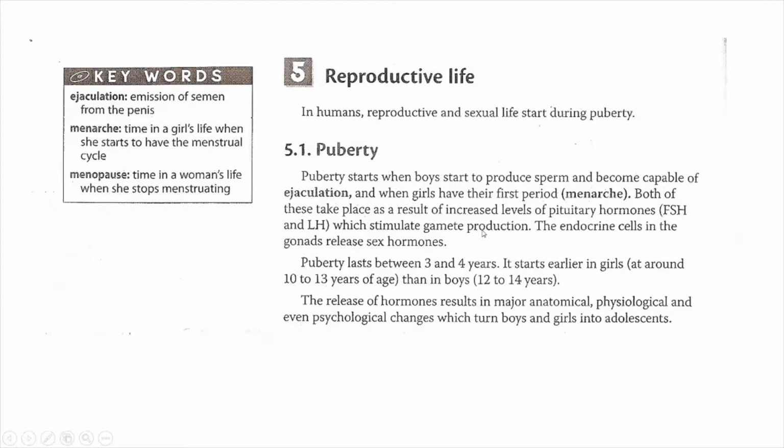And then those sex hormones are going to produce different changes in your body: anatomical, physiological and psychological changes. Well, puberty lasts between 3 and 4 years, starting usually earlier in girls, from 10 to 13, and a little bit later in boys, from 12 to 14 years old.